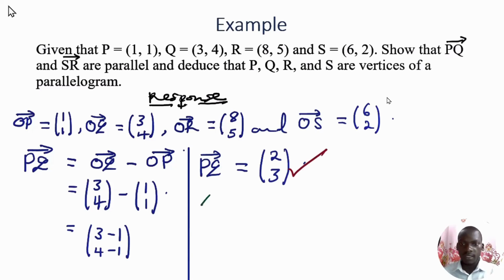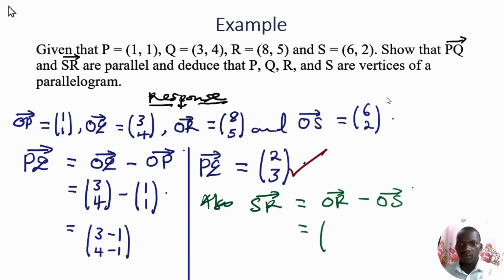Also, let's find vector SR, which is equal to the position vector OR minus the position vector OS. Now let's substitute in. This is equal to vector OR, (8, 5), minus the position vector OS, which is (6, 2).